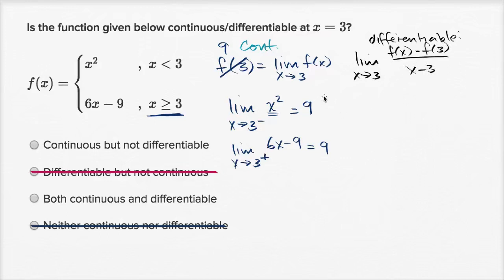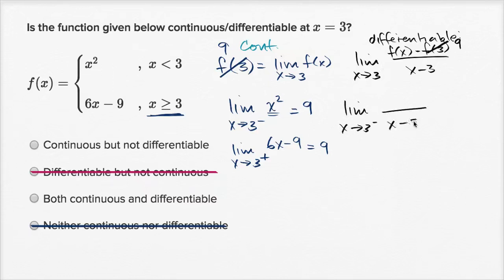Let's see if we can evaluate this. We already know f of 3 is 9. Let's see what the limit is as we approach from the left-hand side and the right-hand side. If they're approaching the same thing, then that is the limit. So let's first think about the limit as x approaches 3 from the left-hand side.